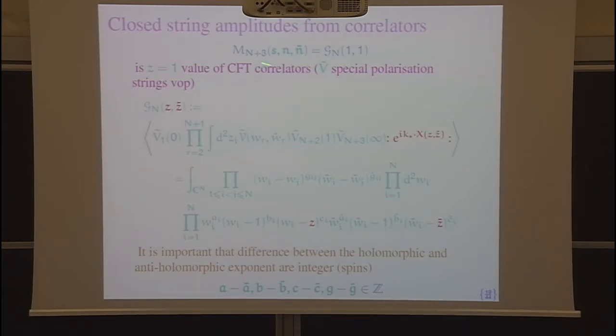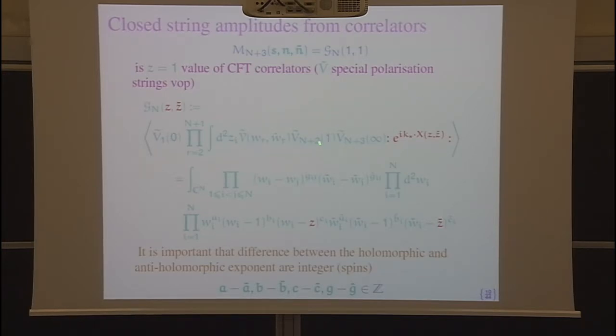I want to see these building blocks of my string amplitude as values at z equal 1 of some correlation function. The point is that when I'm discussing these building blocks, even if I want to study superstring theory, I don't care.